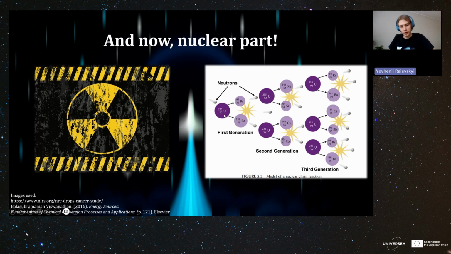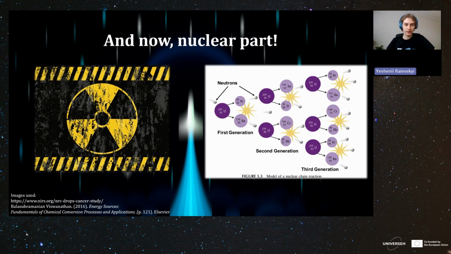This uranium-235 absorbs a neutron and is split into two smaller atoms, and it generates, of course, heat and some free neutrons, which in turn are absorbed by the next uranium atoms, and so on.